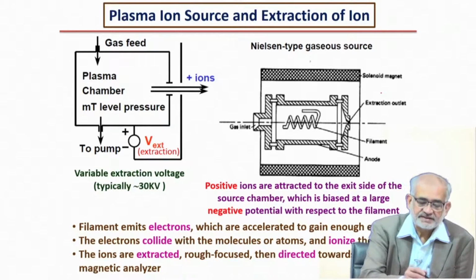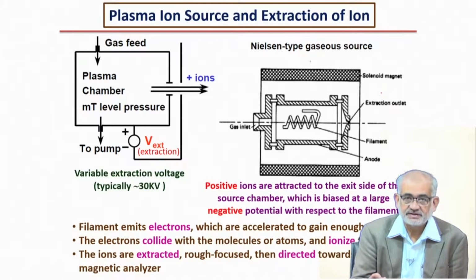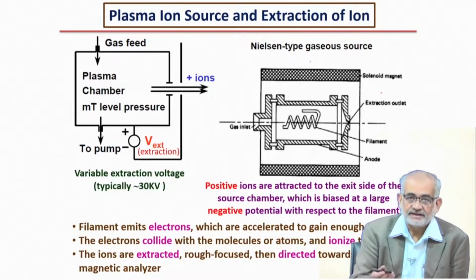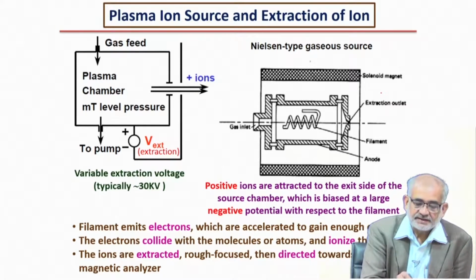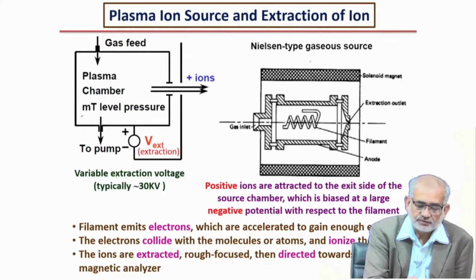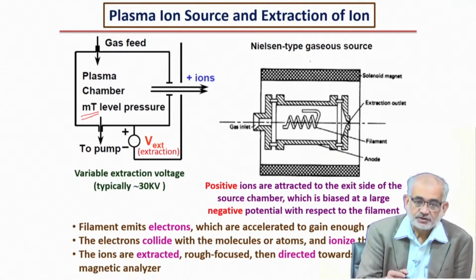If you remember, I said that if you're treating semiconductors, say a silicon wafer, and you would like to implant phosphorus, arsenic or boron, you'll be starting with a very highly volatile gas like phosphine, arsine or diborane, allow them to come to the vapor state, and then fill a chamber at a very low pressure, millibar or millitorr pressure, and then use a certain electrical discharge process to create plasma.